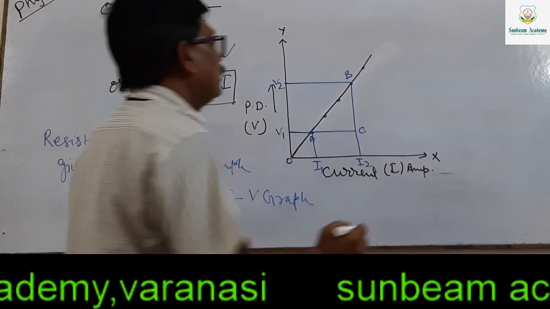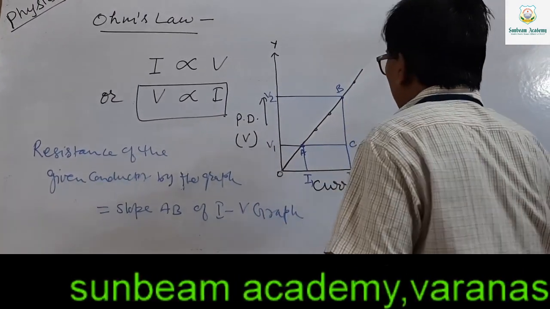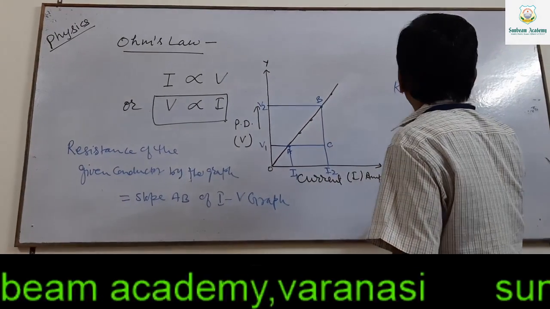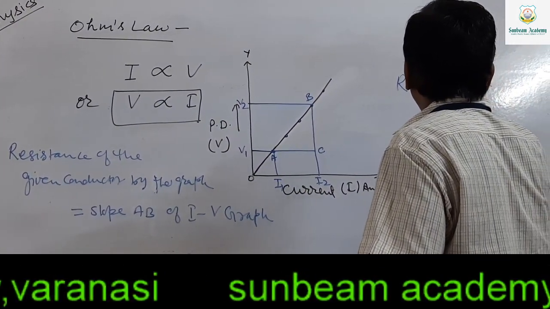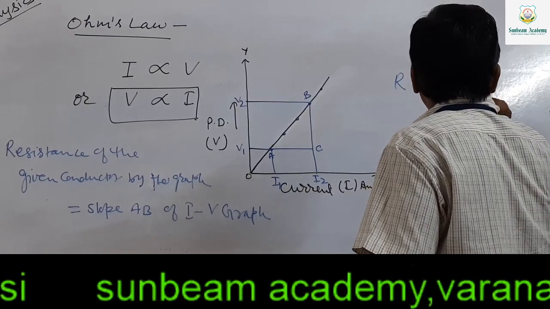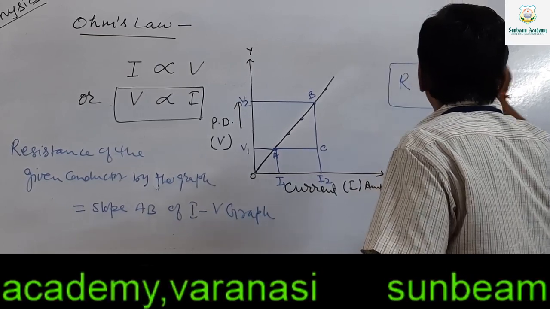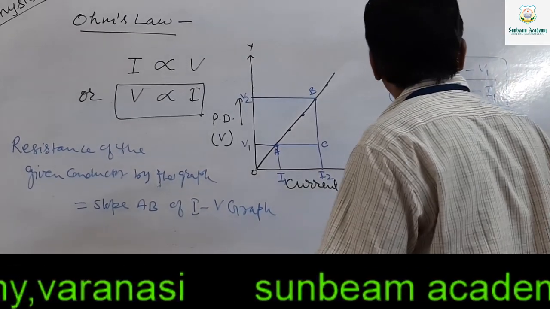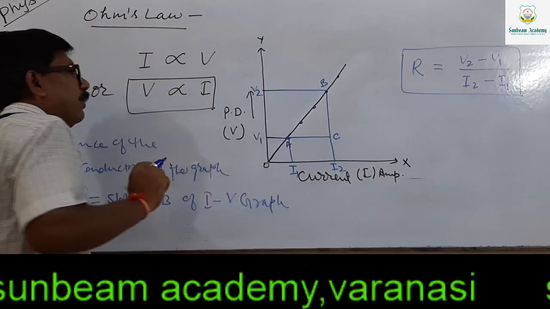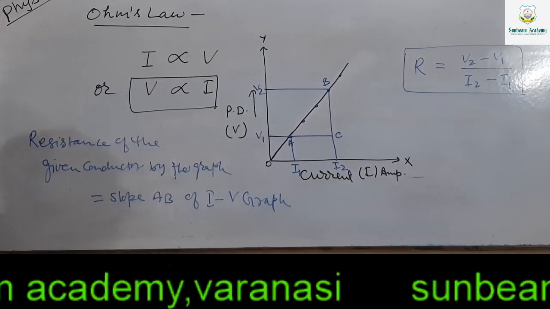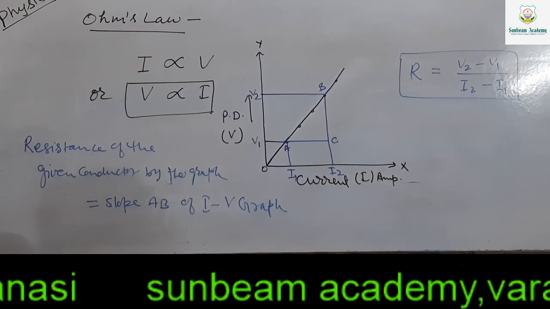Means resistance R here will be V2 minus V1 upon I2 minus I1. This is the calculation of resistance of the given conductor with the help of the graph. And you will also do the practical based on Ohm's law.